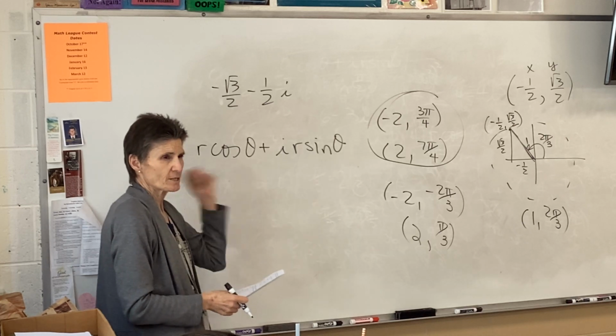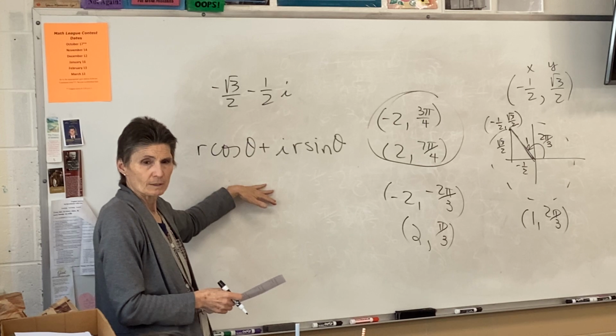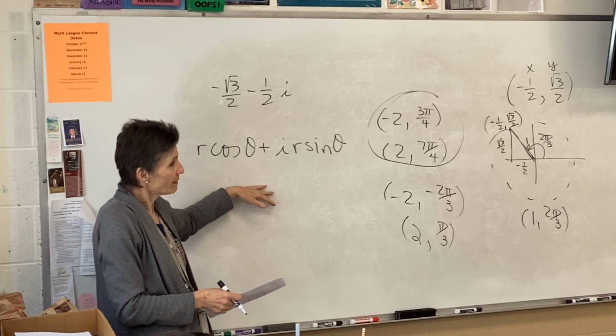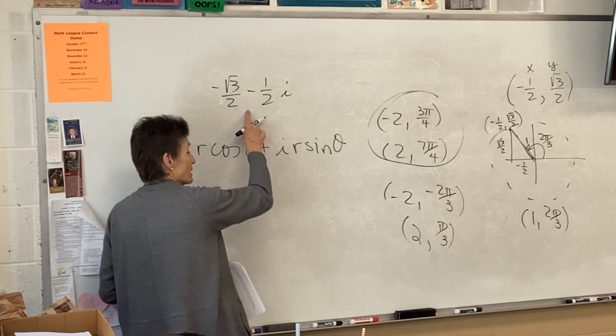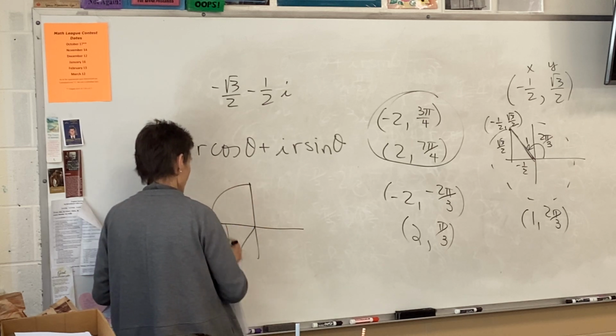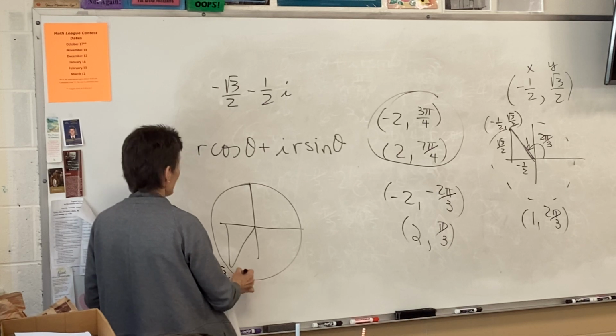Isn't this kind of what we just did? Yeah. Except now we're writing our answer not as a point, but as a number with an i. I think that's another one of our points, isn't it? Isn't that one on the circle? Down here at negative root 3 over 2, negative 1/2.